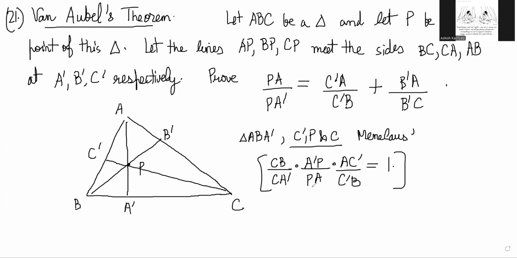From here, one advantage is that we can at least isolate this ratio. So A dash P by PA is the reciprocal of these.